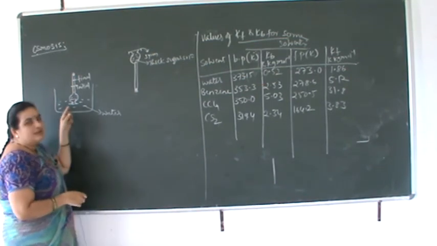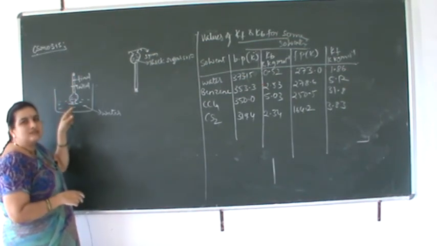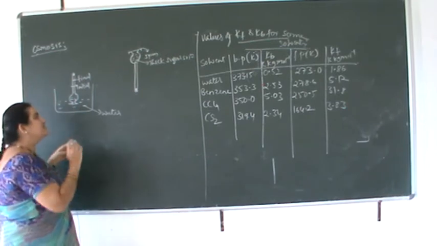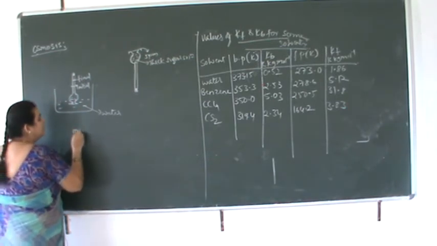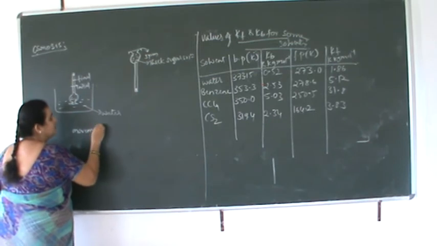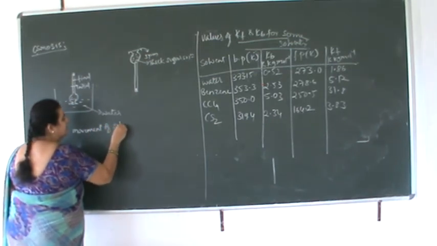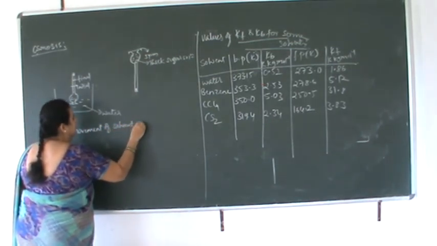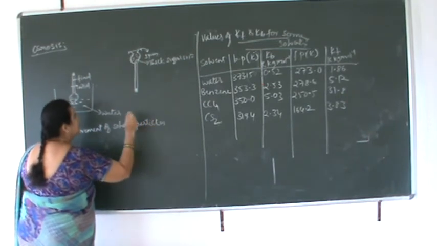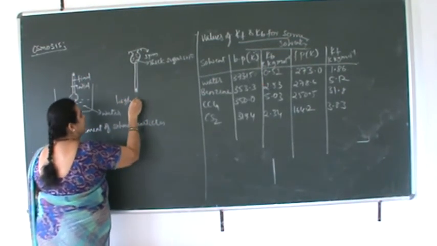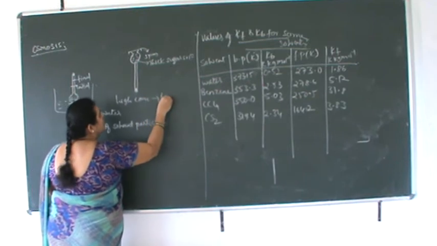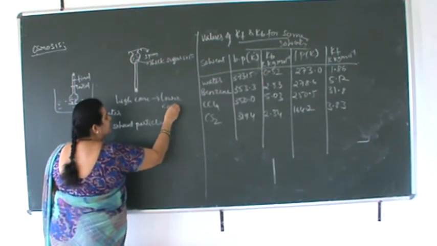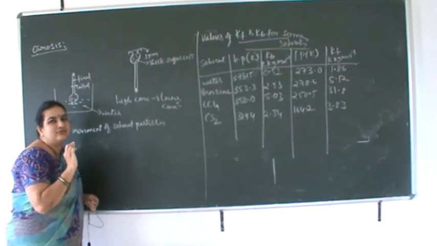So here the osmosis process is taking place. Osmosis means movement of solvent particles. See here, usually our process is from higher concentration to lower concentration. This process we call diffusion.